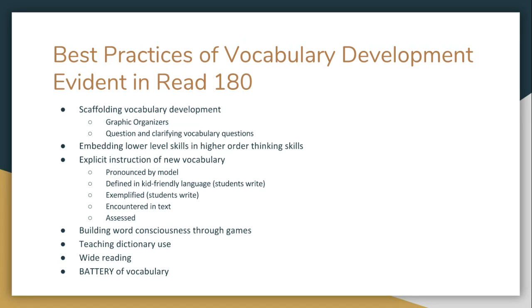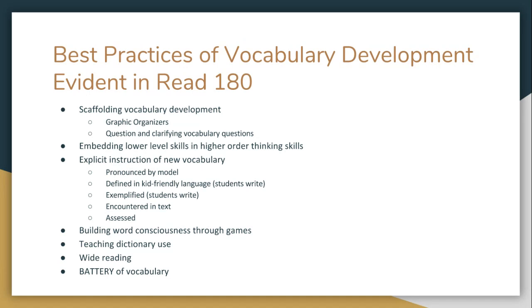But in the R book, the teacher pronounces the word. It is syllabicated as well. It is defined in kid-friendly language, which students write. It is given an example, which students write. It is encountered authentically in the text, and at the end of the workshop, it is assessed. And by then, students normally have a good grasp of it.